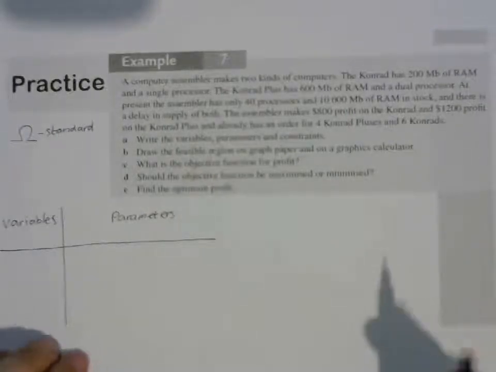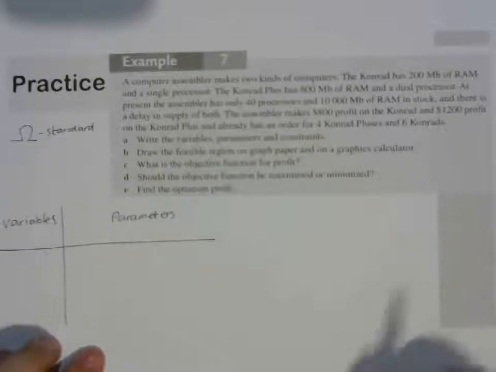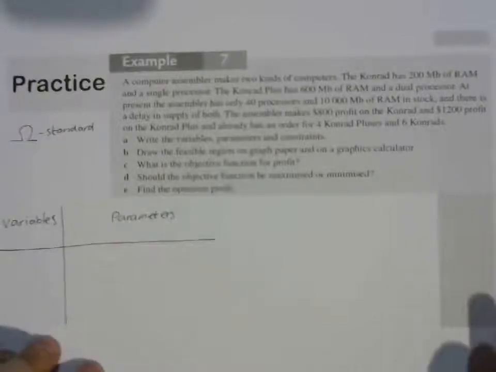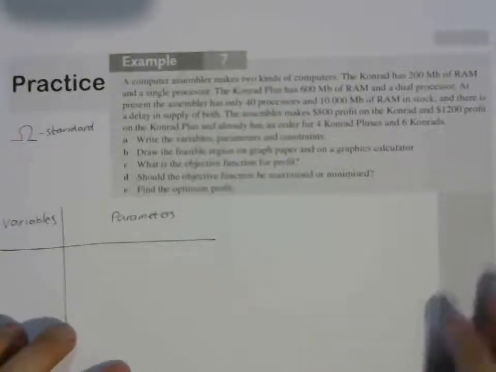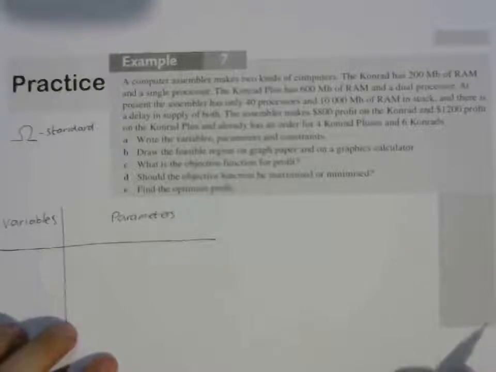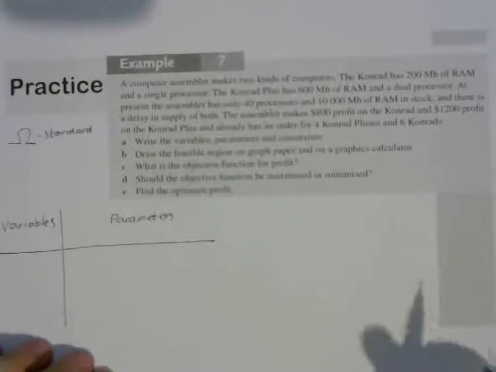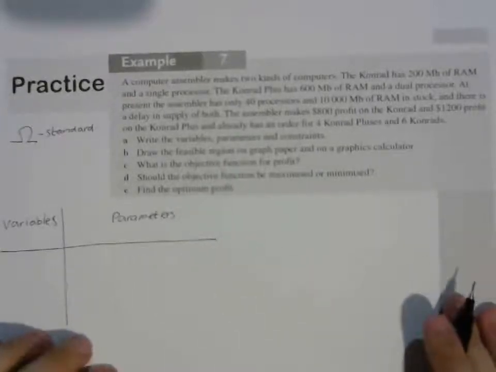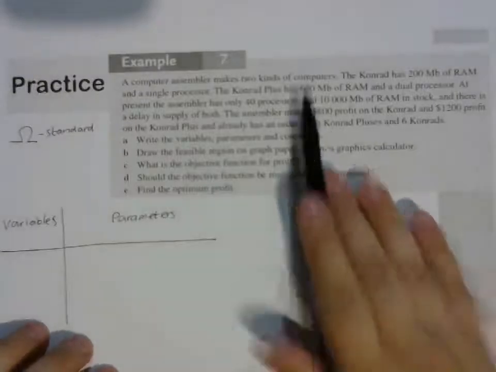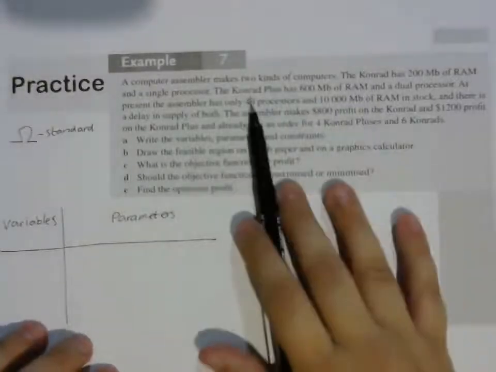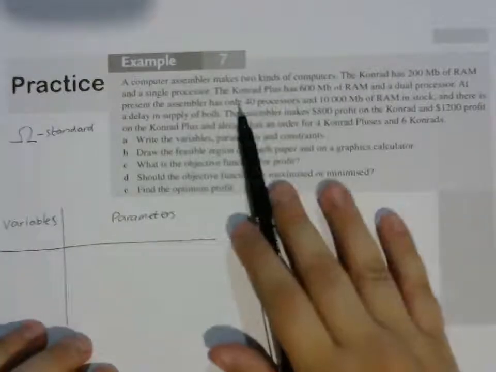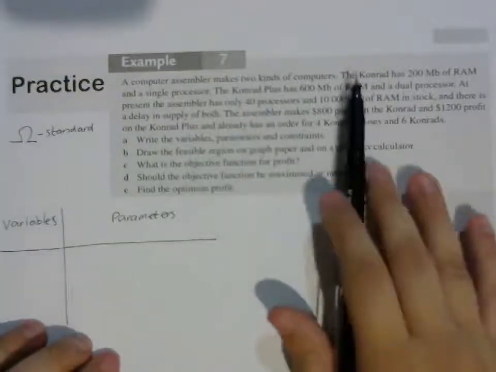Okay, remember that variables are the quantities that are able to be changed. So they have to have both a number value, and we need to be able to change what value they are. Reading through this question, we have two types of computers, the Conrad and Conrad Plus. So we can change that, but they're not quantities. Then we can't assign a number value to these, so they're not variables.